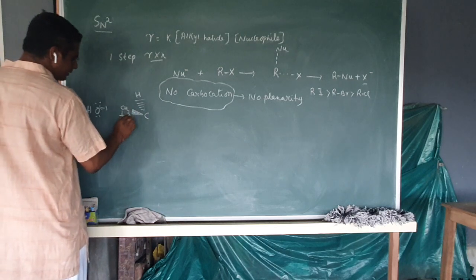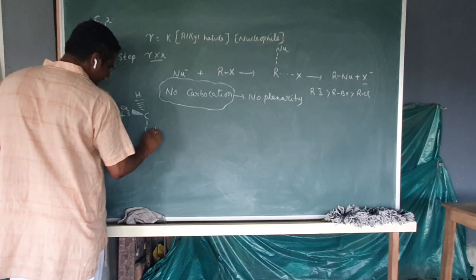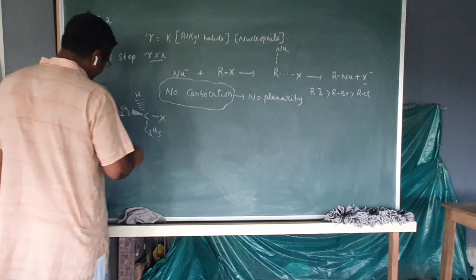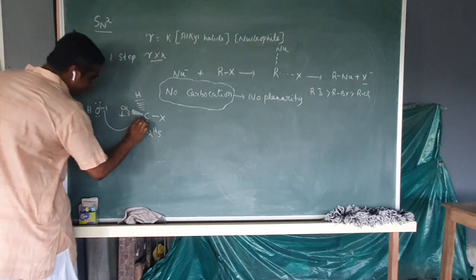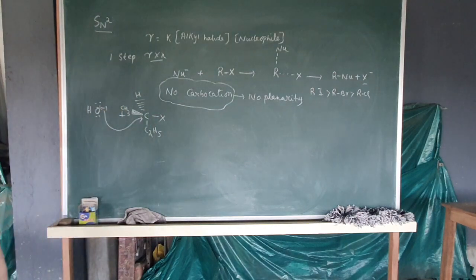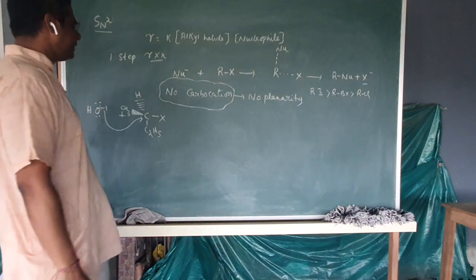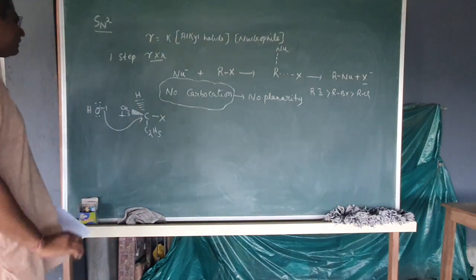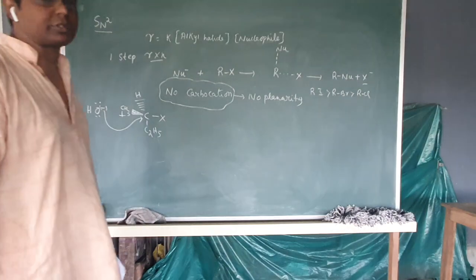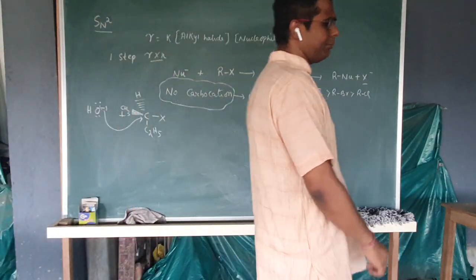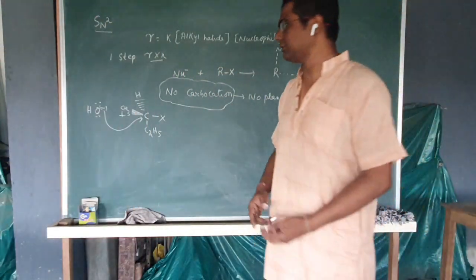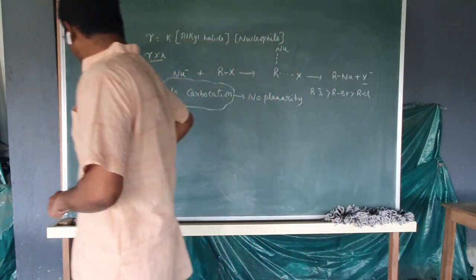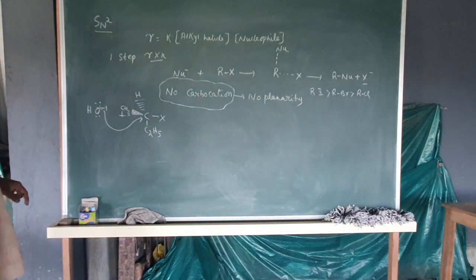H3 over here, this one C2H5. So this will attack from the back side. Okay? There is no planarity, so it will attack from the back side. This is written in some of the books. What I didn't find is why it will attack from the back side and not from the front side.